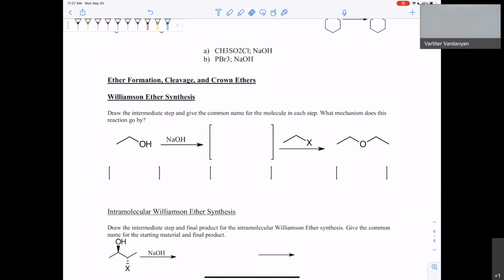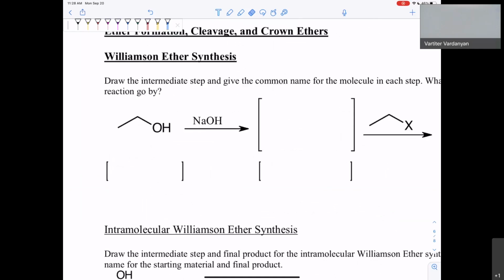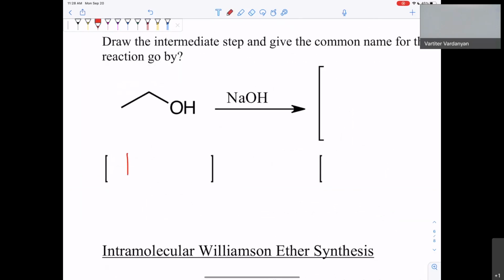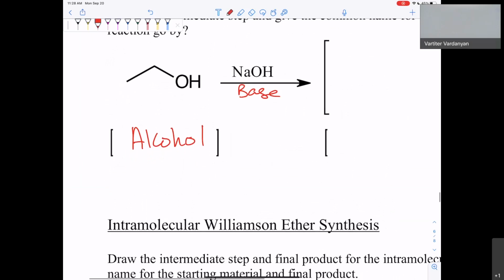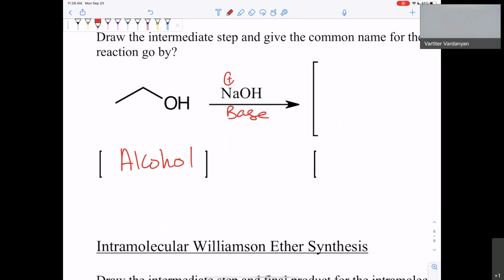So when we're doing the Williamson ether synthesis, we are going to start with an alcohol and react it with a base. NaOH is a base because of the Na plus. What do you think can happen when you put alcohol and a base together?